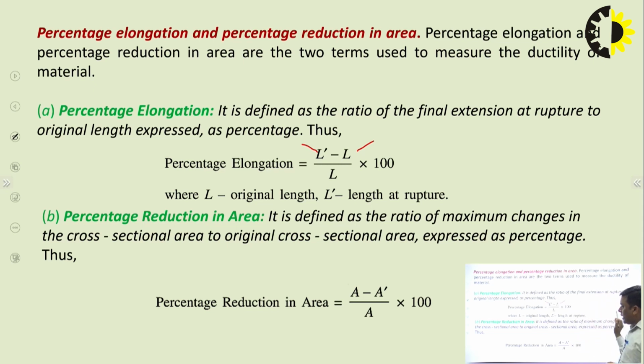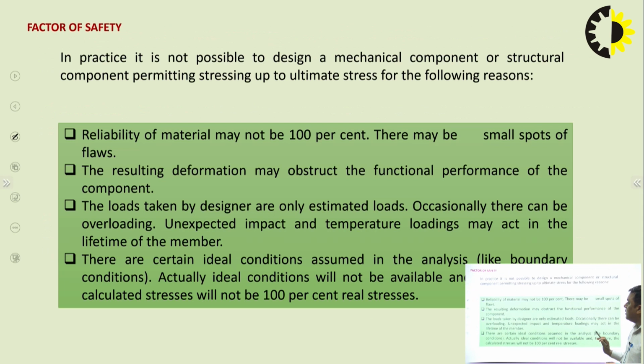Simultaneously, we can also get the percentage reduction in cross sectional area. A is the original cross sectional area, A dash is the cross sectional area after deformation, so A minus A dash upon A, that is the strain in cross sectional area, into 100. That is the percentage reduction in cross sectional area. We can find this also.